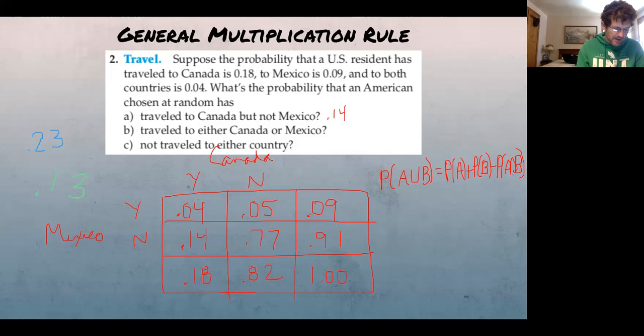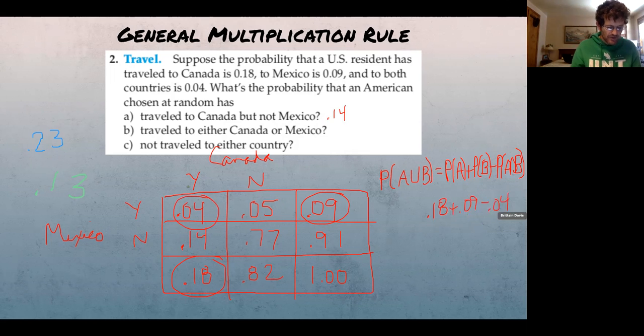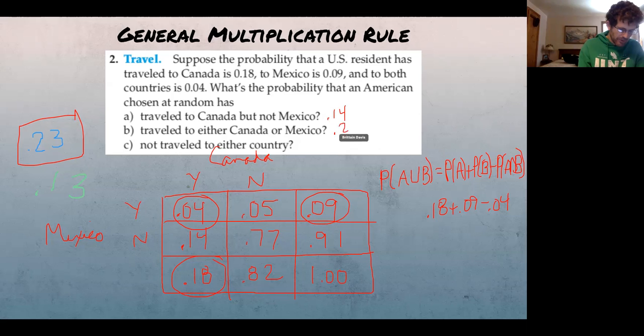The probability of Mexico is 0.09. The probability of both is 0.04. So 0.18 plus 0.09 minus 0.04 gives me the total, and 0.23 is what I got as well. So there you go. Good job. And if you weren't able to get it, hopefully seeing that is helpful. I'll go ahead and write this in, 0.23.